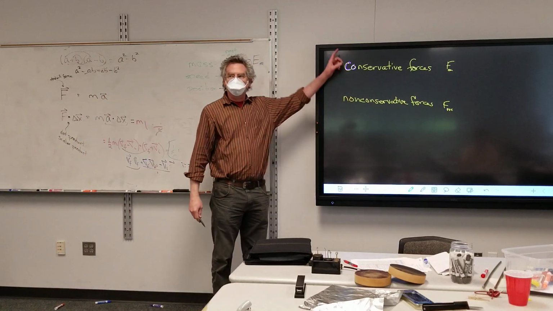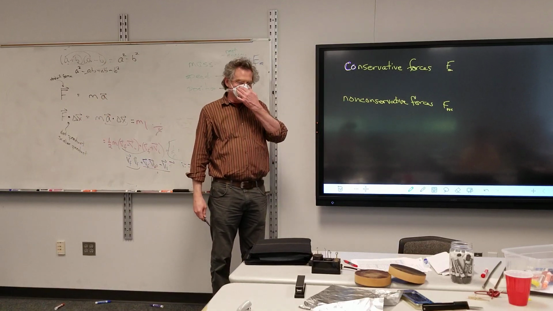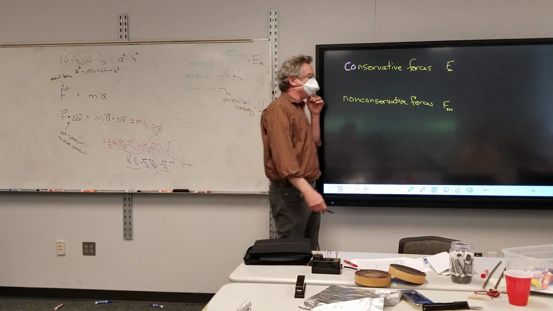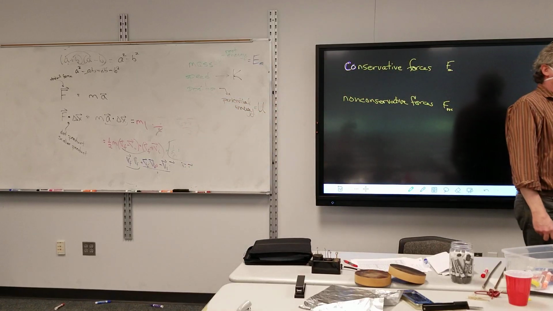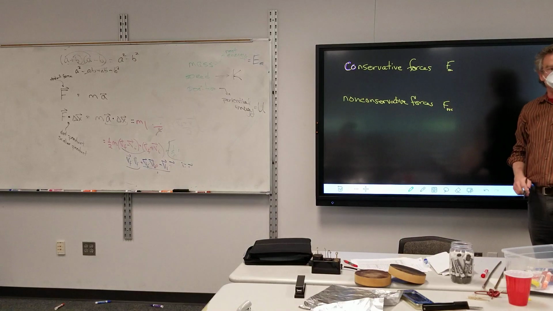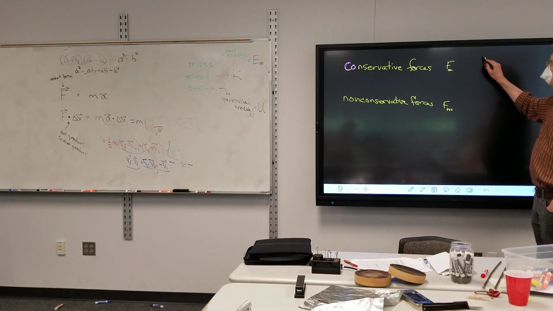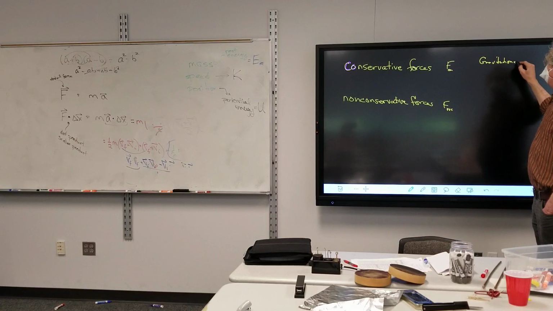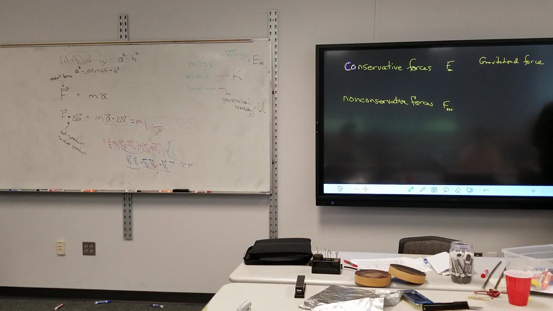Every force is going to be one of these two things. Now, there is a formal definition for conservative force, but I will go ahead and tell you the list of all the forces that we have done so far that are conservative. Done. That's the entire list of all that we have dealt with so far in this course that are conservative. All the rest of them are non-conservative.